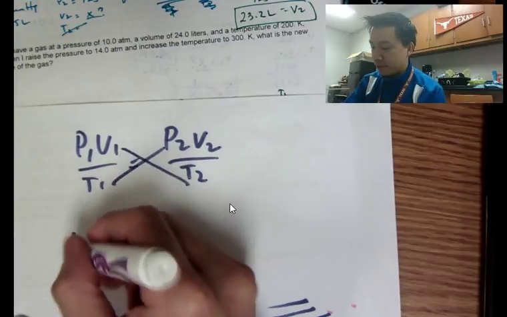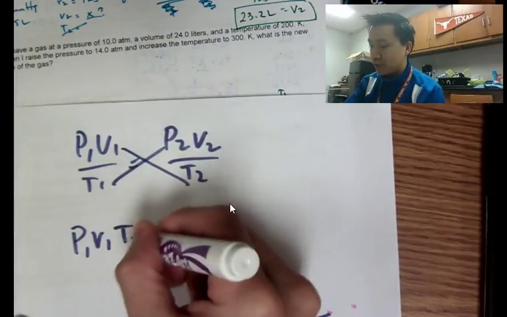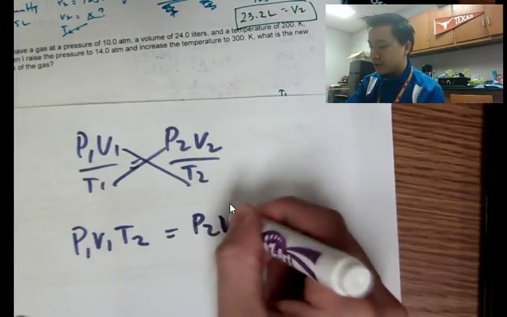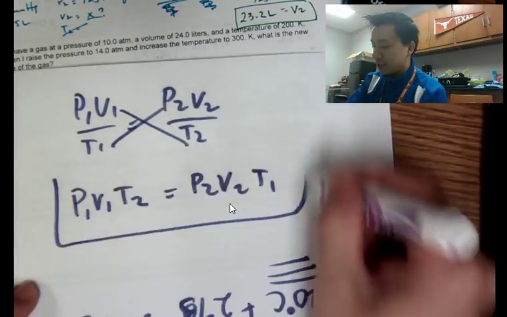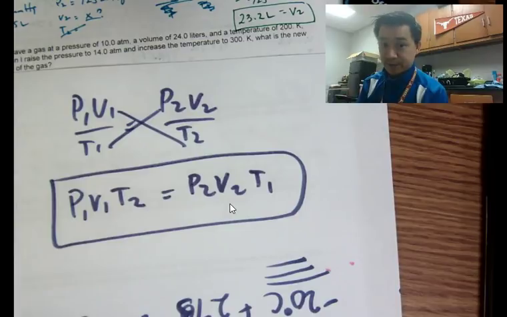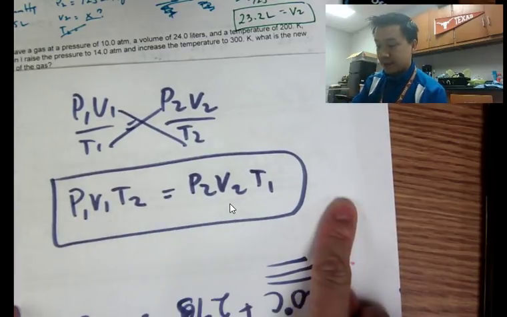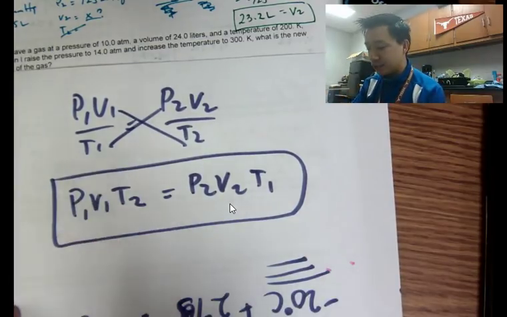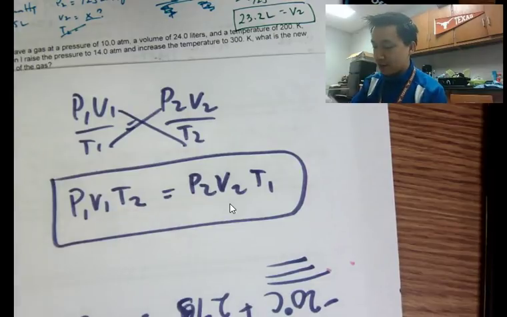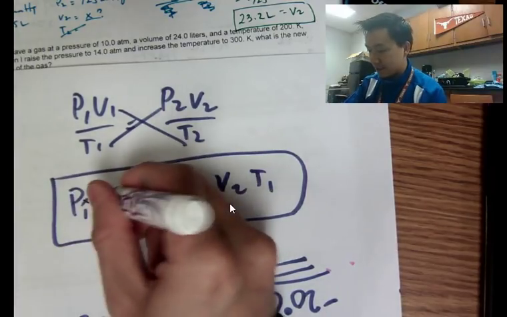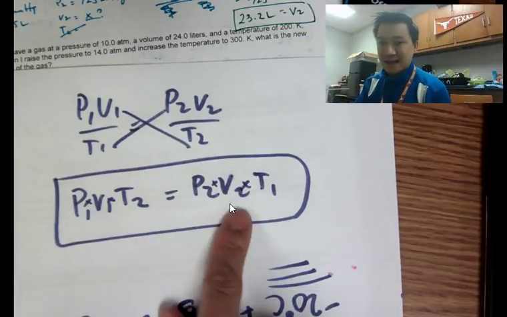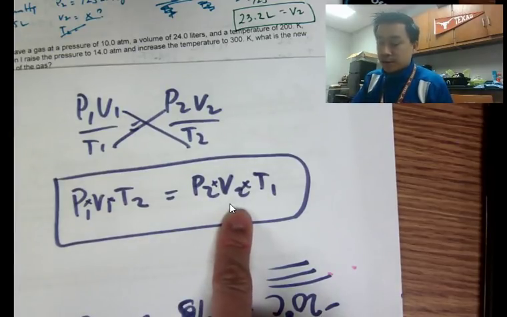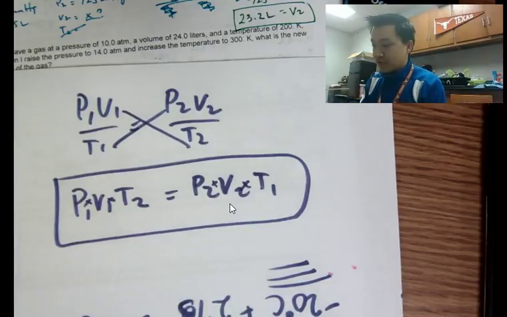So it's P1 V1 T2 equals P2 V2 T1. That's to get rid of the fraction. So this equation could also be used if you like this equation better. It's P1 V1 T2, and this is all multiplication. When you plug it in, it is actually easier to manipulate. So if you want to use it like that, that's perfectly fine.